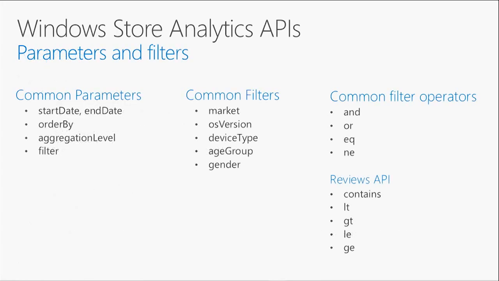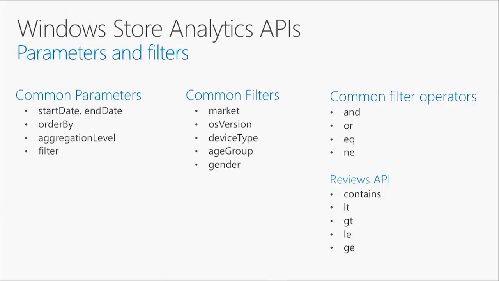So we just looked at a basic request, but the real power of the Analytics APIs comes from the ability to use parameters and filters. Each API exposes its own set of parameters and filters that are specific to the data they return, but they also share a number of common parameters and filters. So a couple examples here. You see the start date and end date parameter.